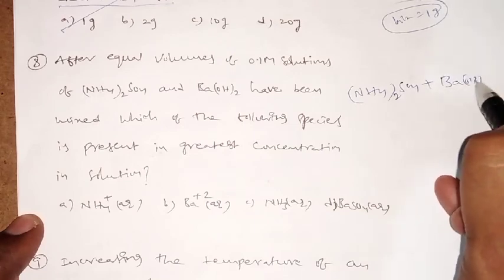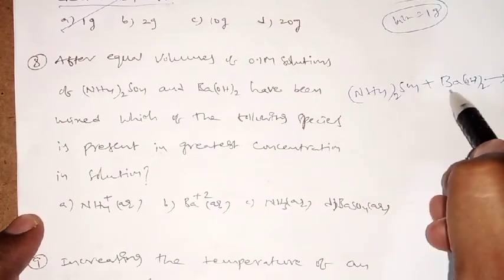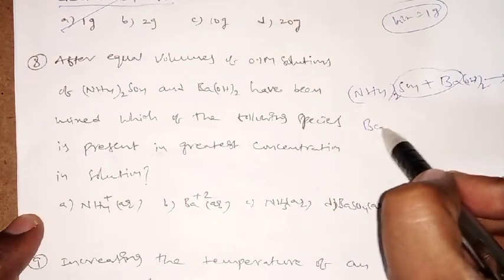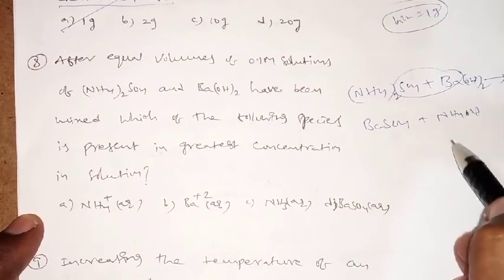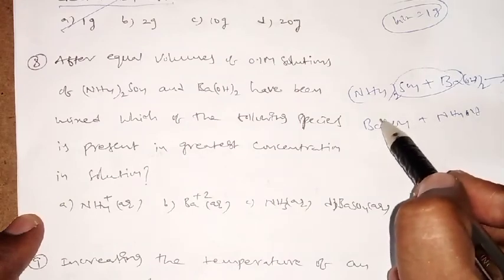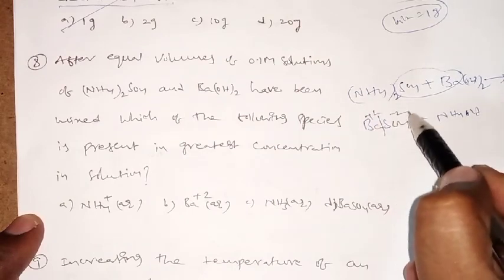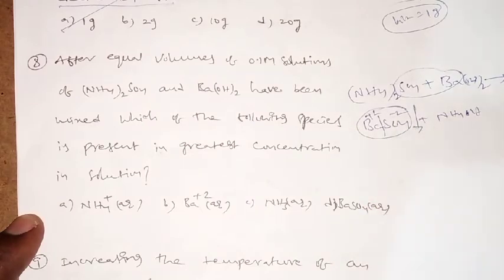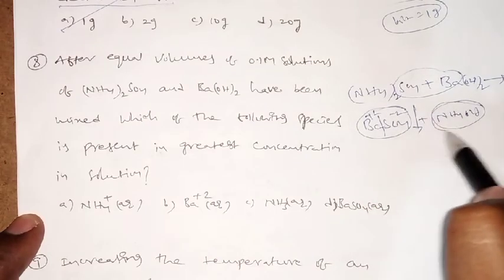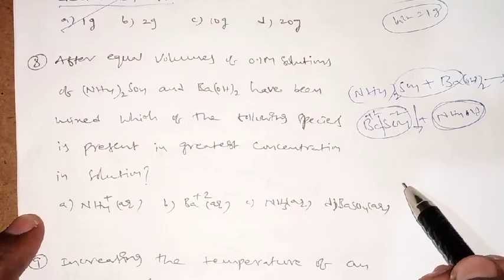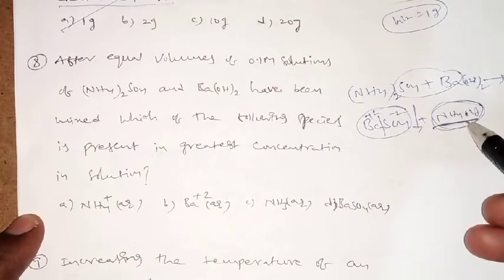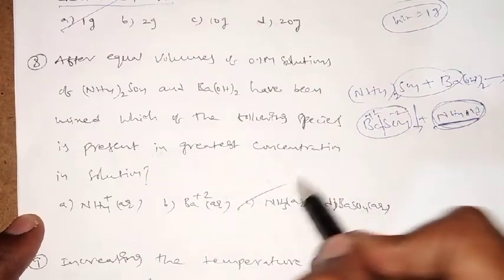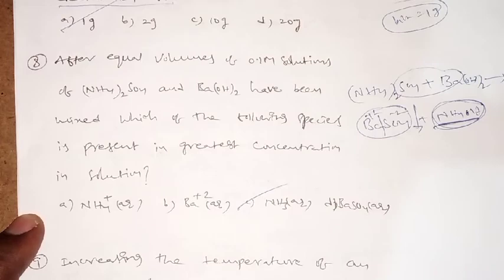So what products will be formed? When these two are mixed, we get barium sulfate and NH4OH, ammonium hydroxide. Ba2+ and SO4 2- react vigorously and form the precipitate. The rest is left in solution. That means the species present in greatest concentration is NH4OH, which comes from liquid ammonia, that means aqueous ammonia. Is it clear?